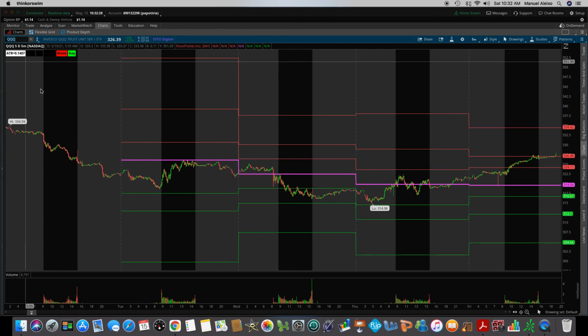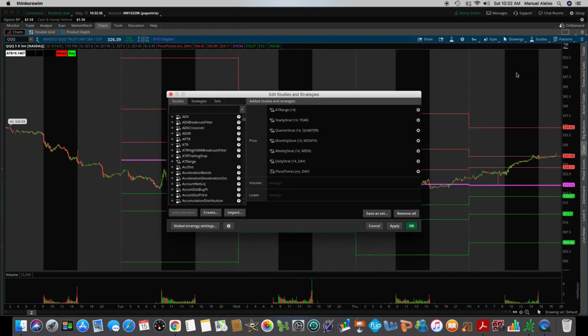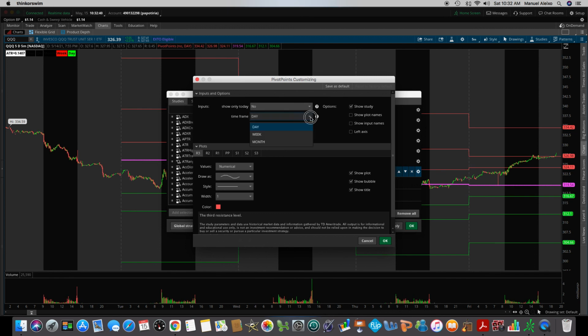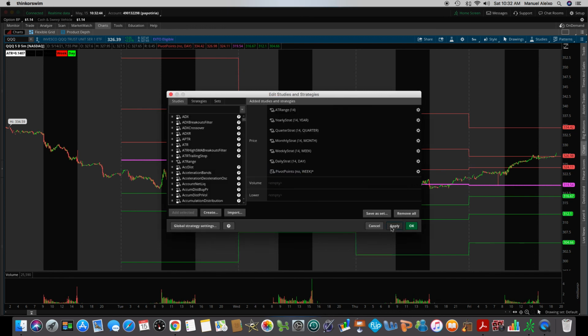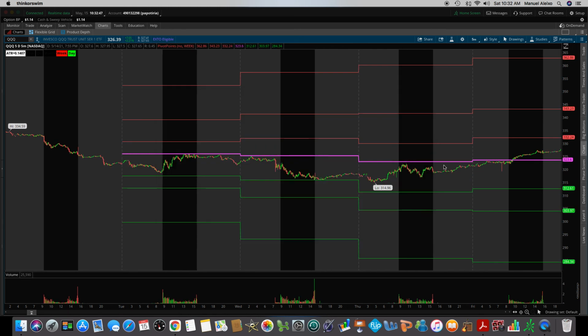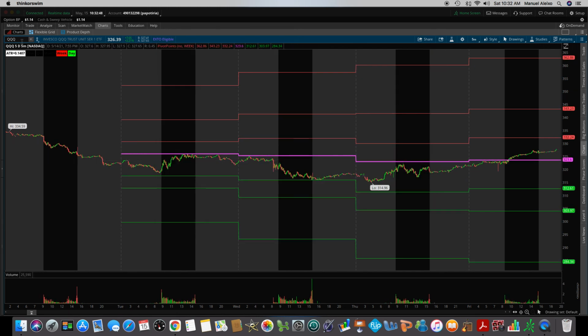We can review one more, and I'm just going to change the studies. I'm going to go to my weekly again. I really like the pivot line on the weekly support. Let's change that, hit OK, hit apply, and hit OK again. As you can see, it just automatically completely changed the pivot line area. So let's look at another stock, PLTR.